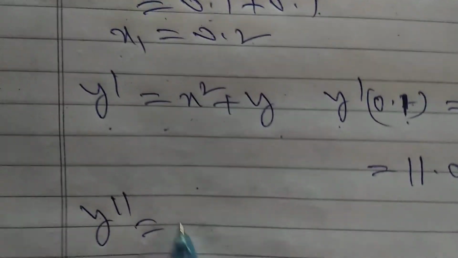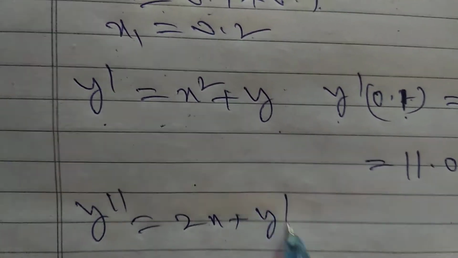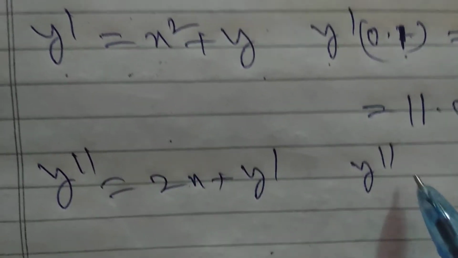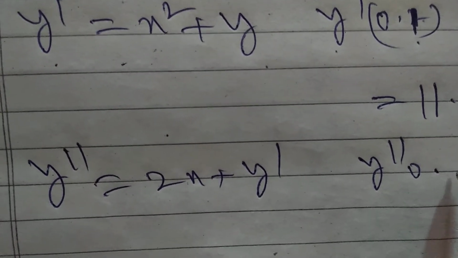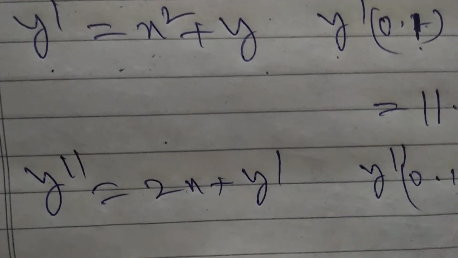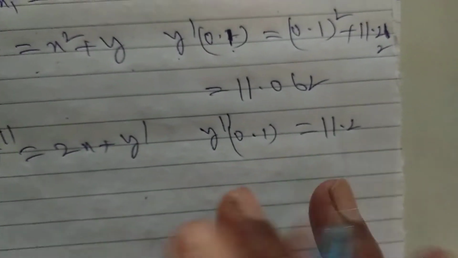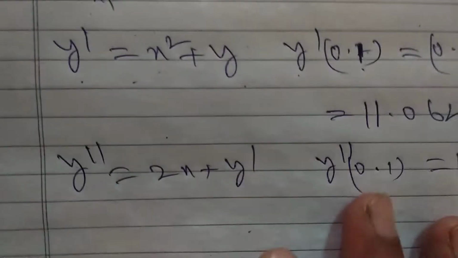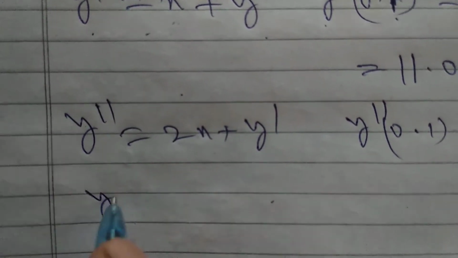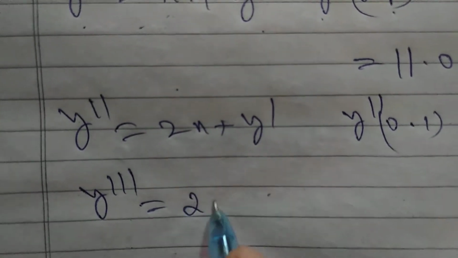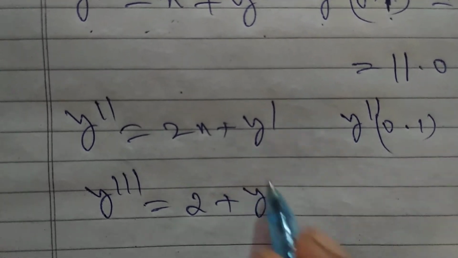So similarly, we can find out y double dash. So y double dash is equal to 2x plus y dash. So simplify y double dash of 0.1, and we get 11.262. So similarly, we can find out y triple dash. So 2 plus y double dash.